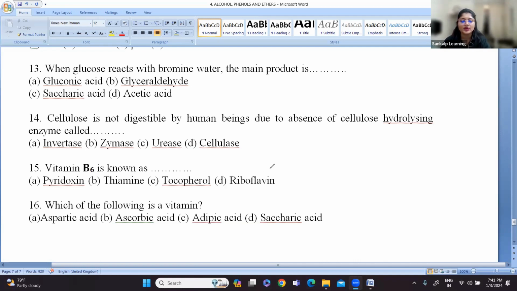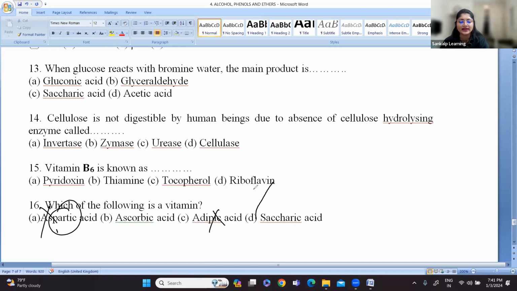When we are talking about vitamins, aspartic acid is a non-essential amino acid, so this is wrong. Adipic acid is a dicarboxylic acid used for nylon preparation, so this is also wrong.